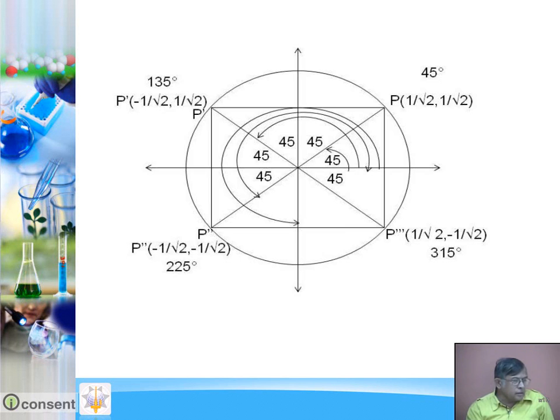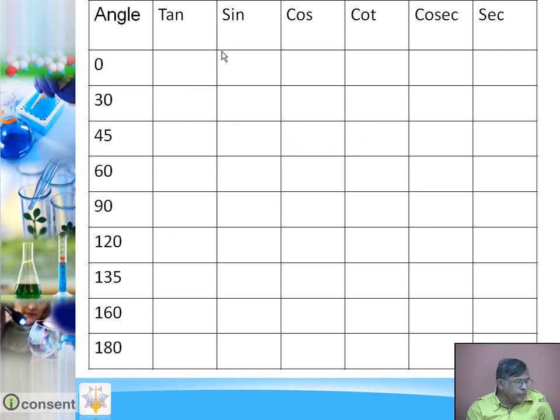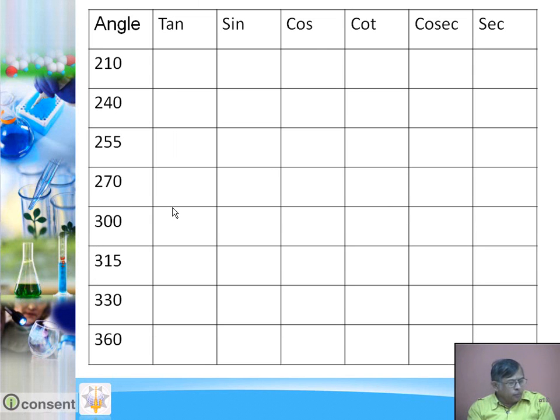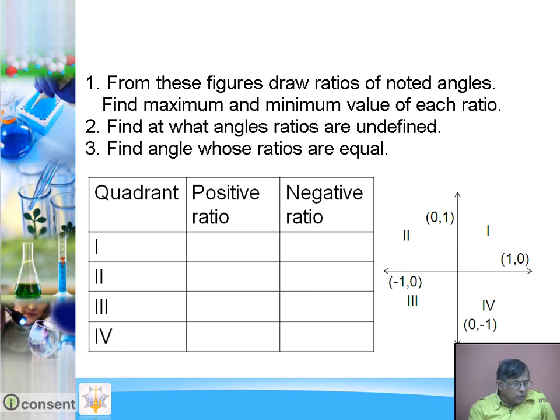Now using these figures and finding the ratios, prepare a table for angles 0 up to 360 degrees, with tan, sin, cos, cot, cosec, sec, etc. Now prepare this table, and from this table draw the ratios of noted angles and find the maximum value and minimum value of each ratio.